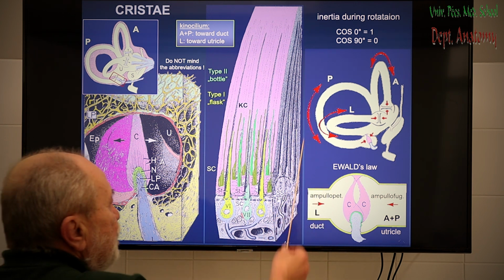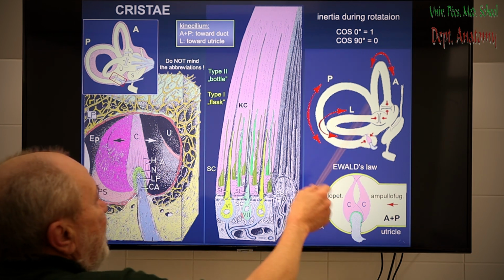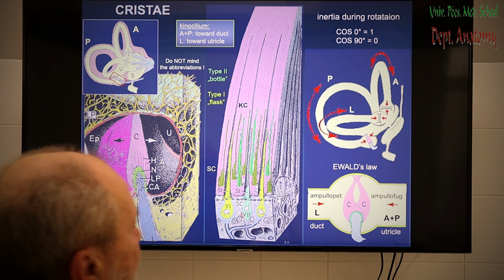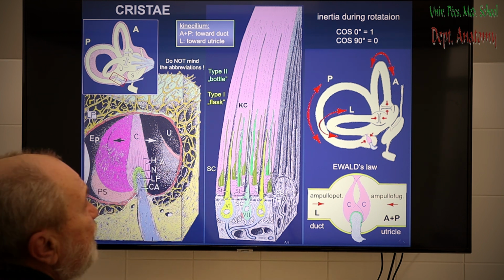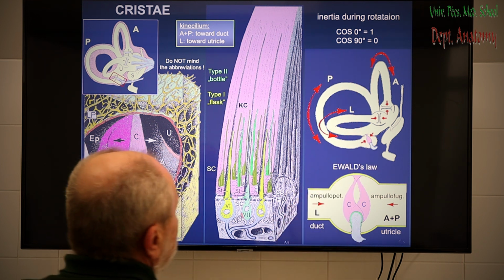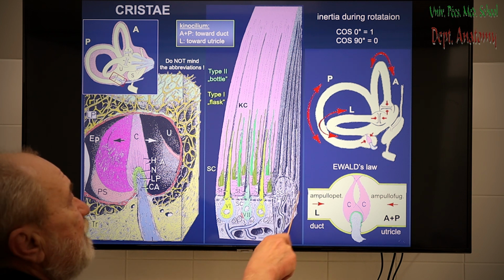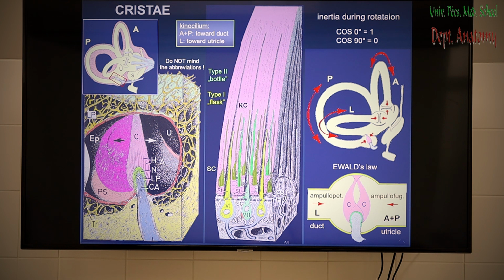So in our terms, it means that if the movement happens within the plane of a certain semicircular canal, that produces the higher intensity of the endolymph flow within. And if the plane of the movement makes 90 degrees with the plane of the semicircular canal, that has no action, no activity is produced in that certain semicircular canal.